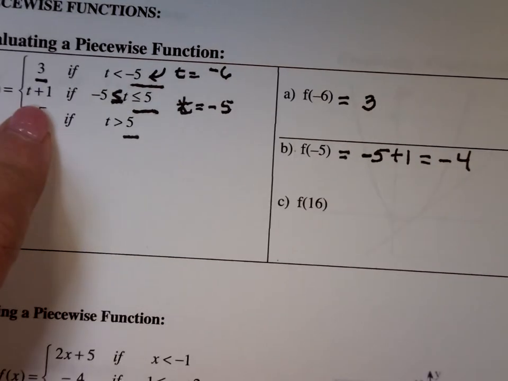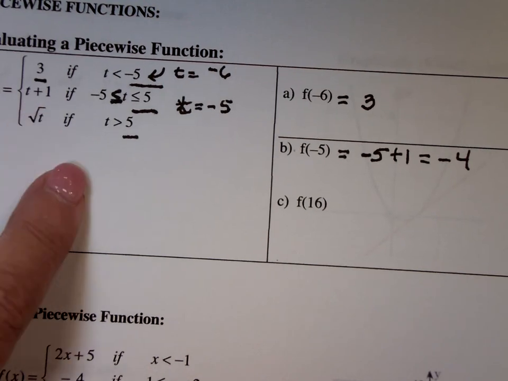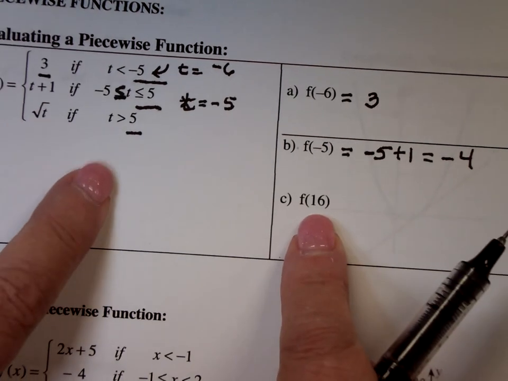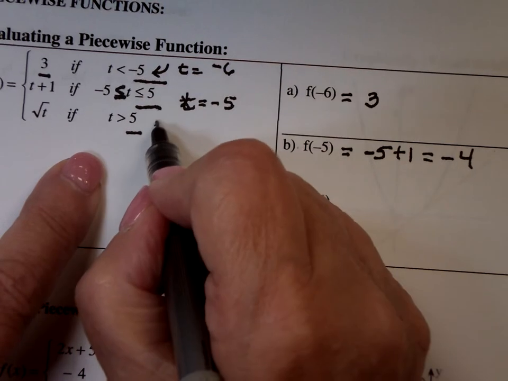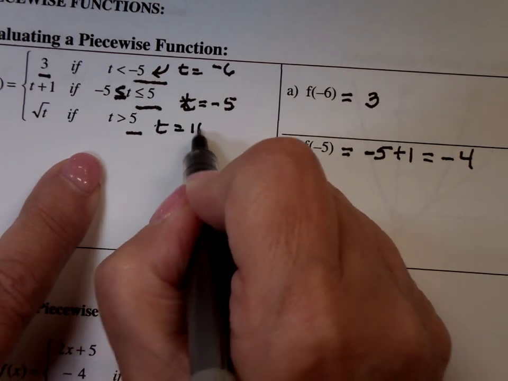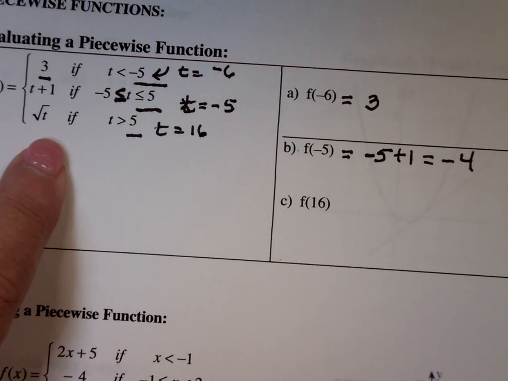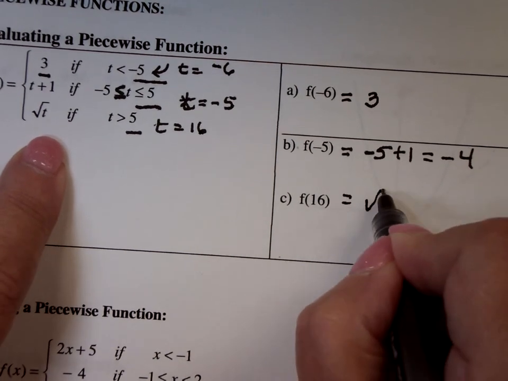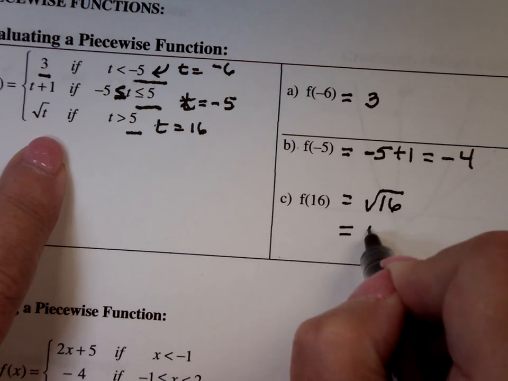And then f of 16, well, 16 is larger than 5, so t equals 16 is the third function. So this would be the square root of 16, which would be 4.